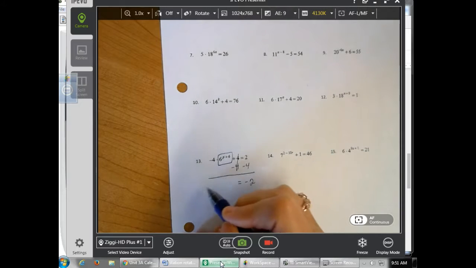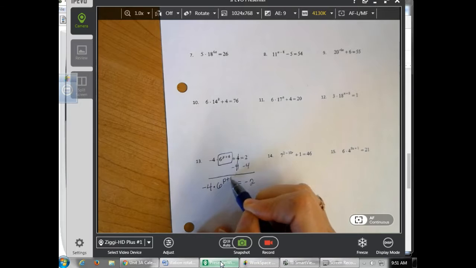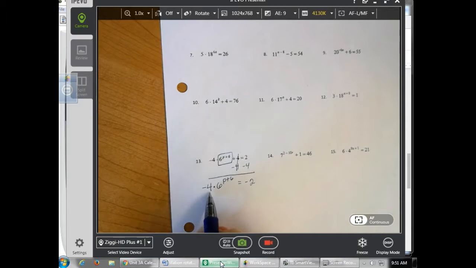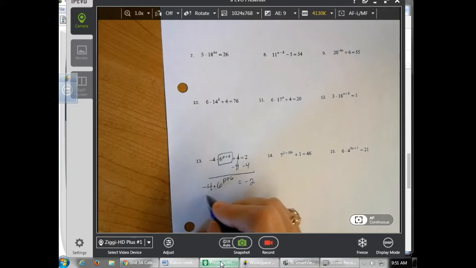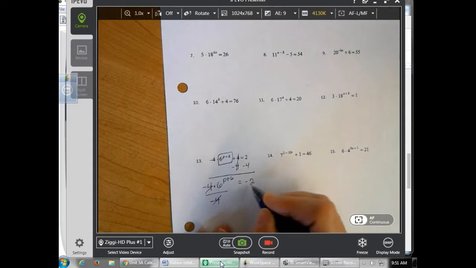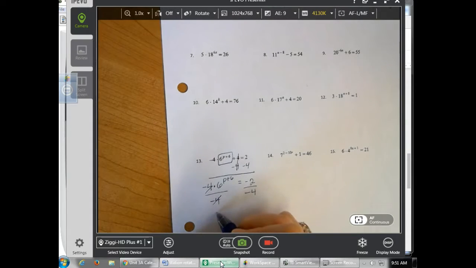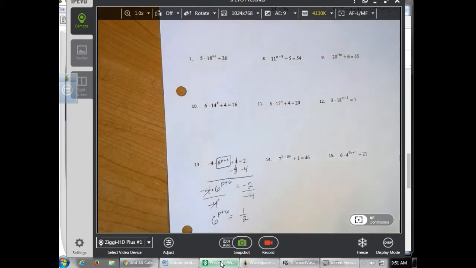Then I'm just going to bring down everything that's left. Negative 4 is being multiplied by 6 to the p plus 6. And I'm going to get rid of this multiplication using division by negative 4. So I end up with 6 to the p plus 6 is equal to a positive 1/2, because that will simplify down.